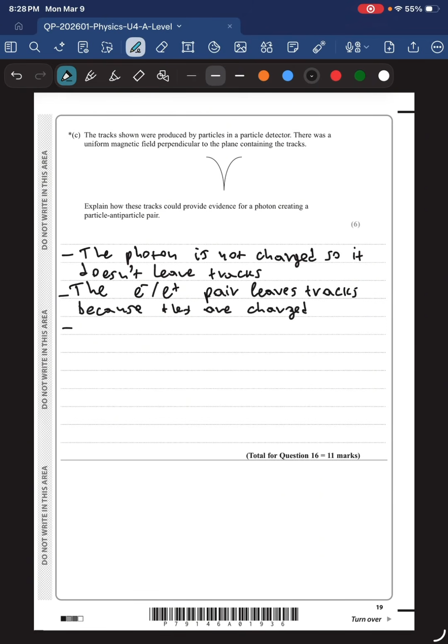Okay, and the tracks curve in opposite directions, which is evidence of pair production. This means they have opposite charge.